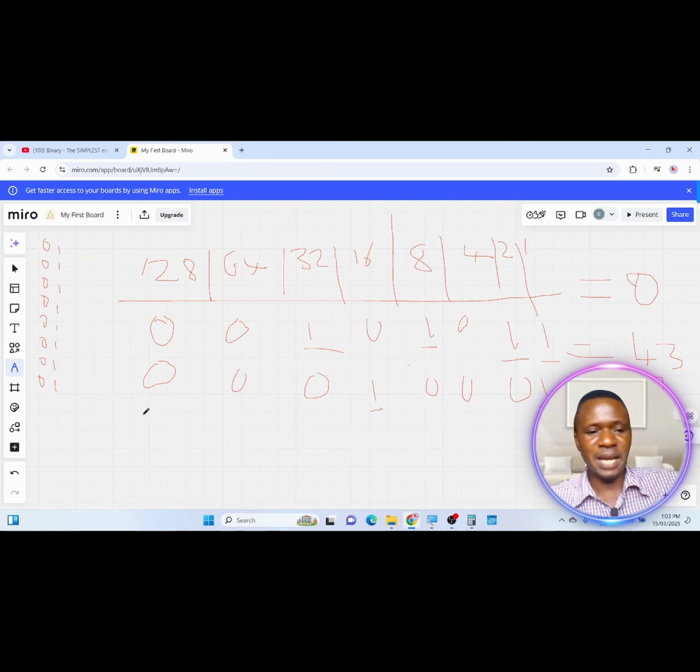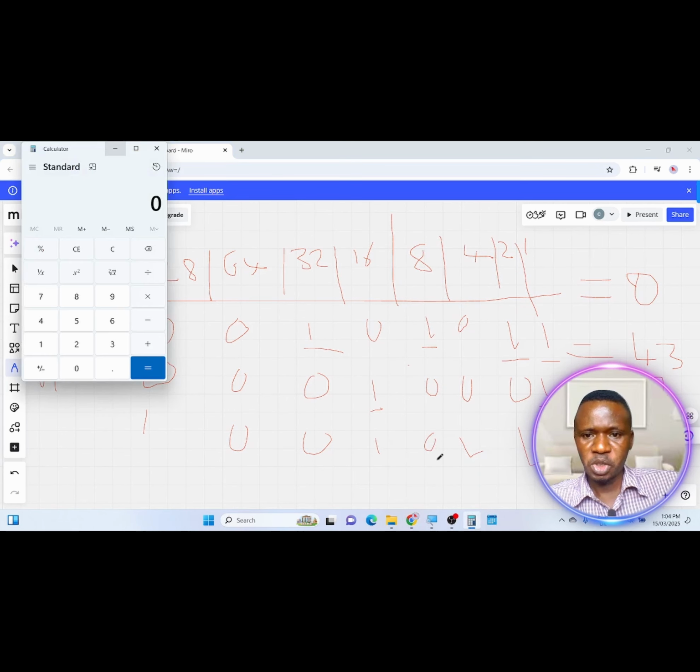If we have this binary number 10010110, what is the decimal number for this binary number? So if you come here, we are going to add 128 here. So let me open a calculator so that we see it.